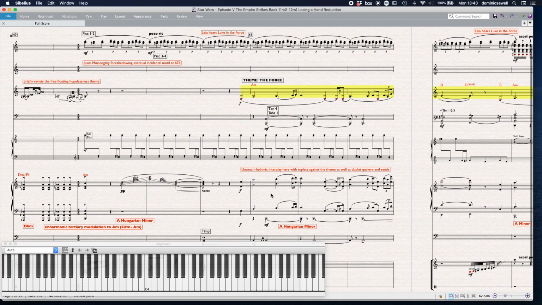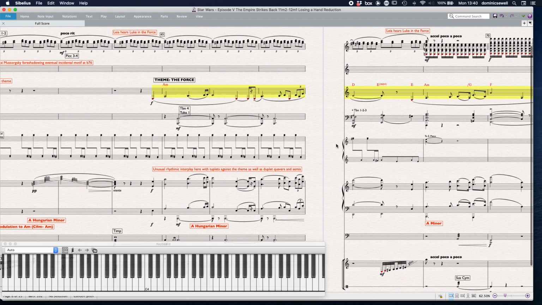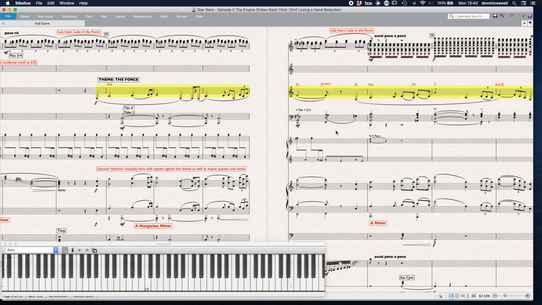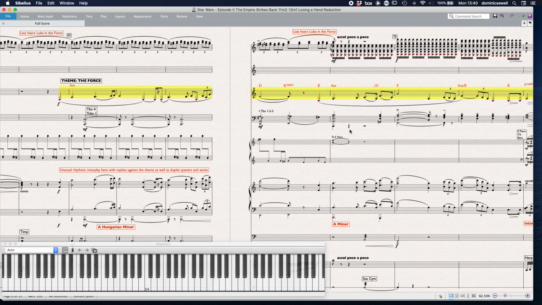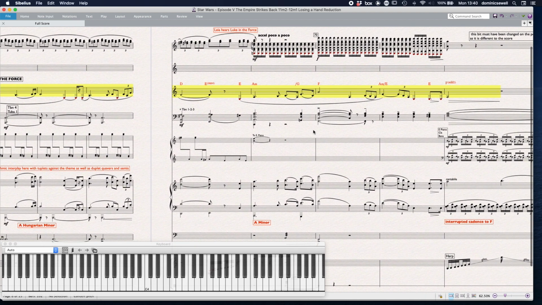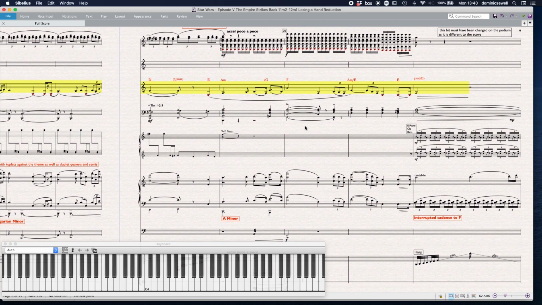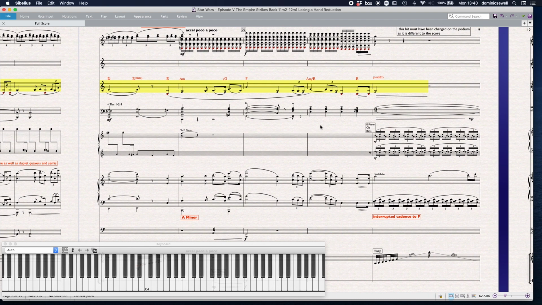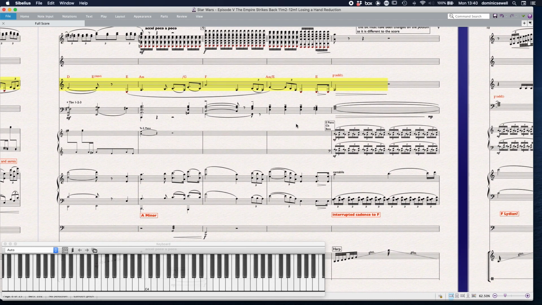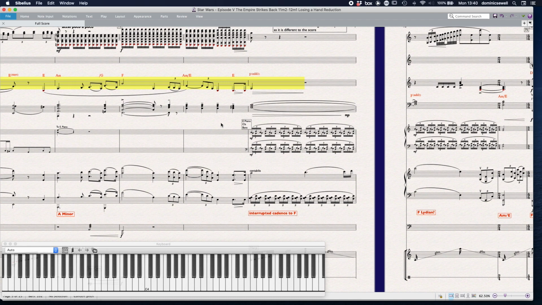Force theme. There's the tuplets against this rhythm. Classic. Second inversion. Interrupted cadence to F.